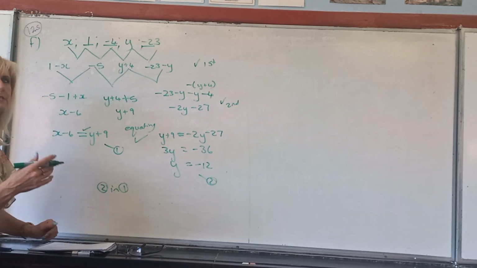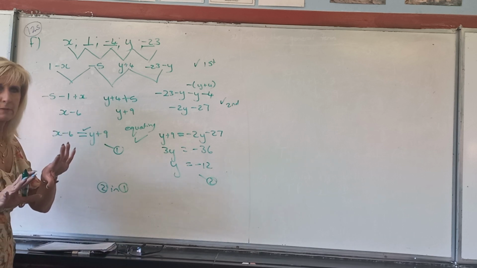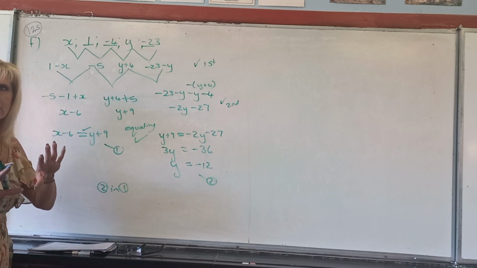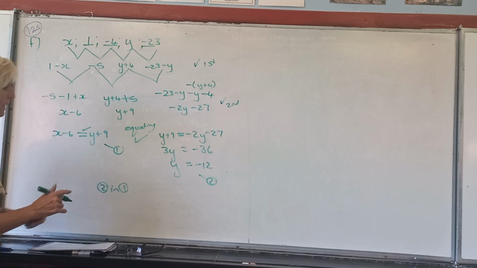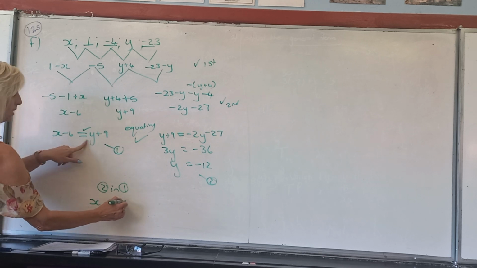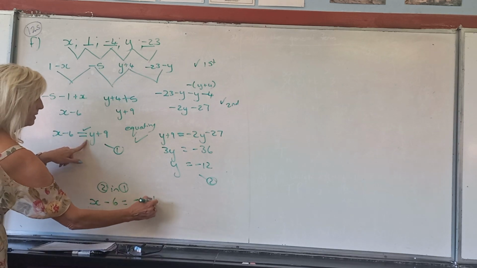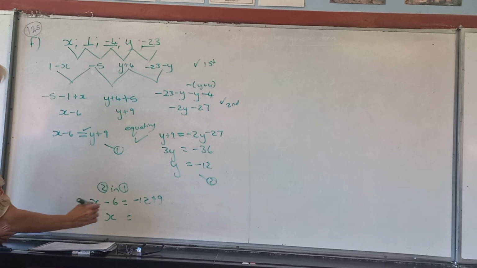Even if it's a fill-in question paper, photocopy it on both sides so that you've got space on the left if you need some more space. Okay, so then this would be x minus 6 equals y, that's -12, plus 9, and we solve for x. So the x will be 3. Okay, what was the question?